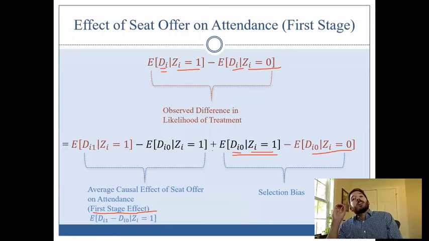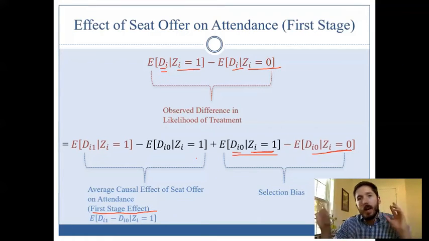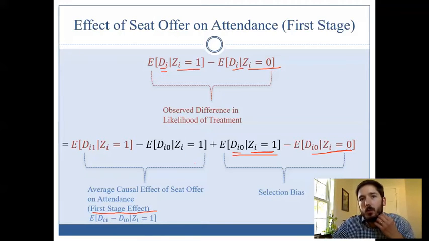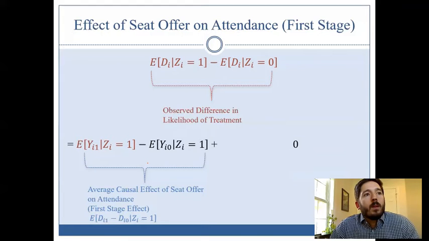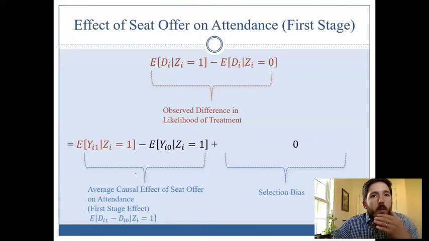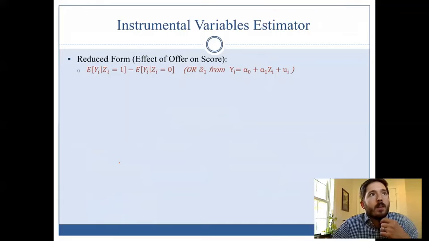How likely people would have been to go to the charter school if they didn't get an offer, for the group of people who got the offer, would look the same as for the people who didn't get the offer, because those offers were assigned randomly. So those two groups of people look the same. You take those offers away, and they'd both be going to this charter school at the same rate. So we're killing the selection bias there, right?